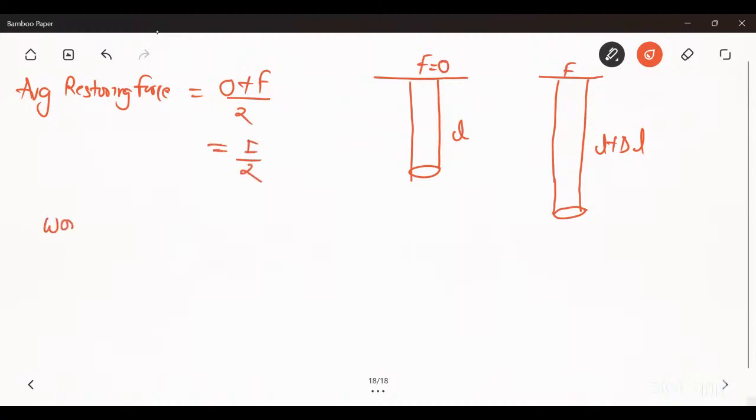Now the work done on the wire is force into displacement.